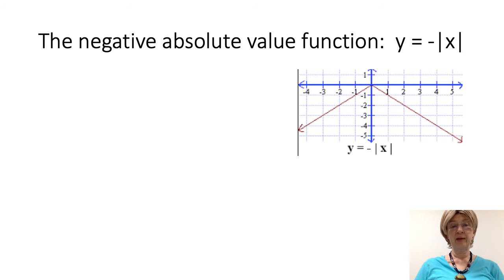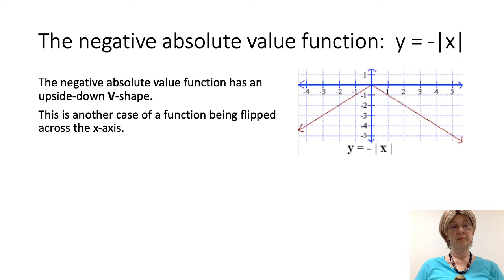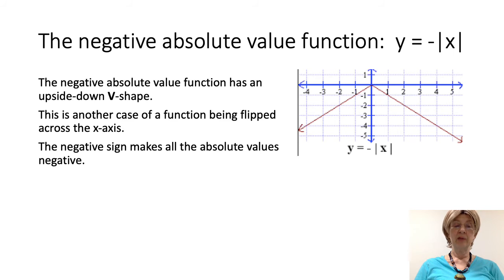The negative absolute value function, y equals minus the absolute value of x. The negative absolute value function has an upside-down V shape. This is another case of a function being flipped across the x-axis. The negative sign makes all the absolute values negative.